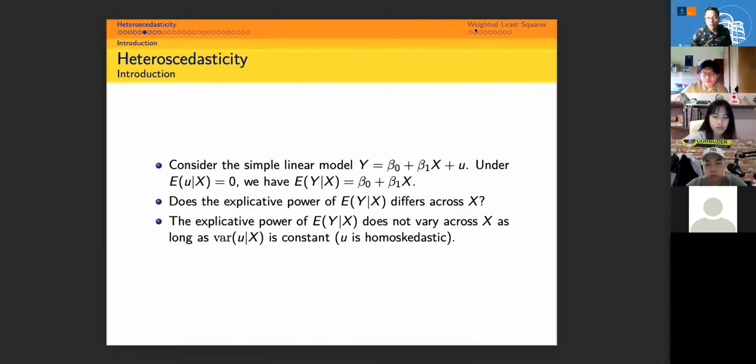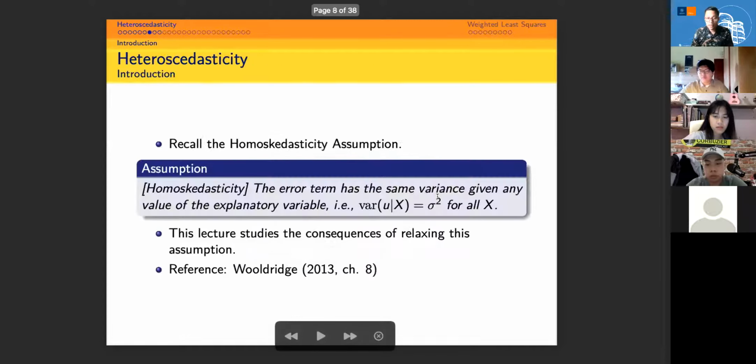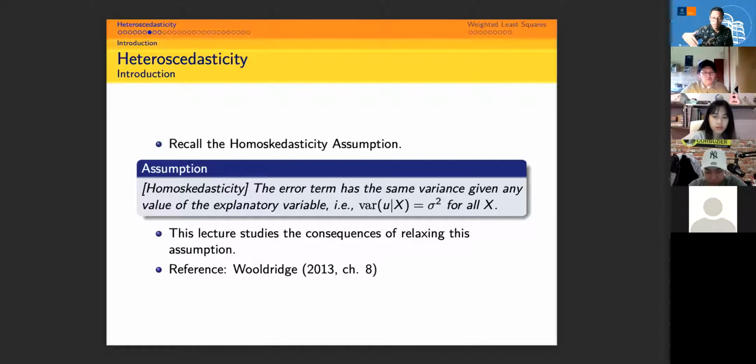Okay, very well. On the next point, again, the homoscedasticity assumption requires that the error term have the same variance given the value of the explanatory variable. So for each x, the variance of the unobservable, the distribution that you just saw in the previous slide, is going to be constant.